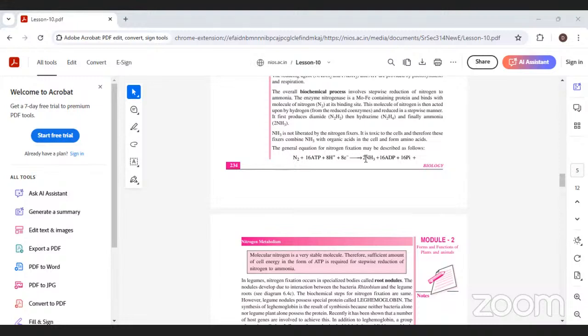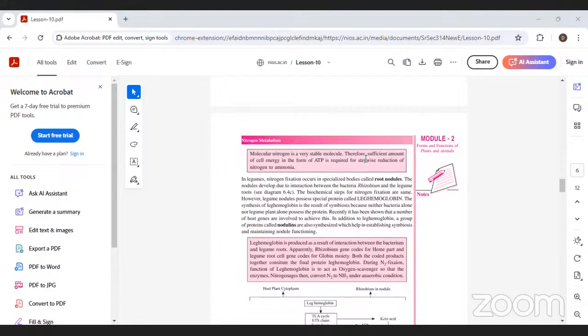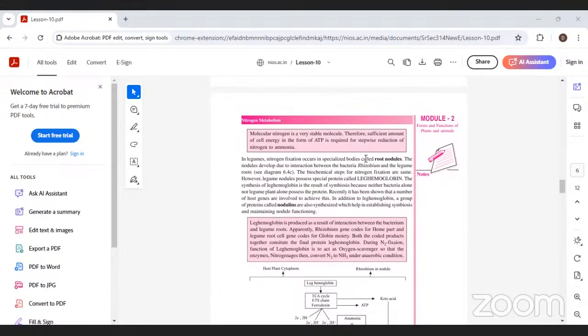This is the process. Here, molecular nitrogen is a very stable molecule. Therefore, a sufficient amount of cell energy in the form of ATP is required for stepwise reduction of nitrogen to ammonia. How does this happen?